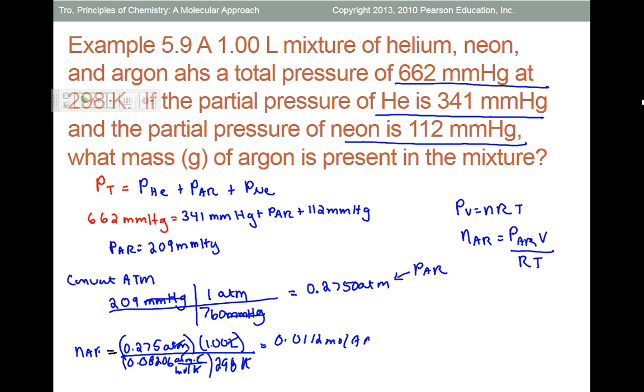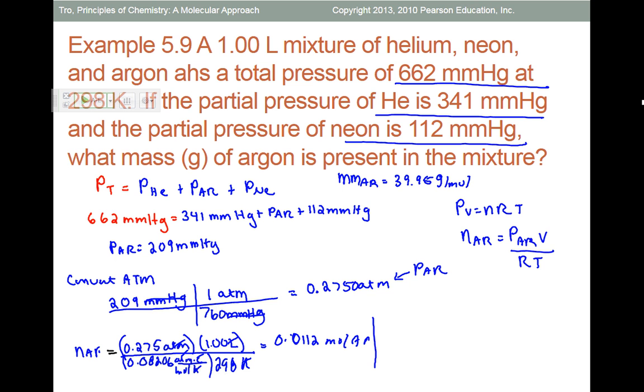So the last step, now that we have our moles, and again, we should really only have 3 significant figures, and we do, but this wants to know our mass, and that's really easy because we know our molar mass. So if you look up on the periodic table, our molar mass of argon is 39.95 grams per mole.